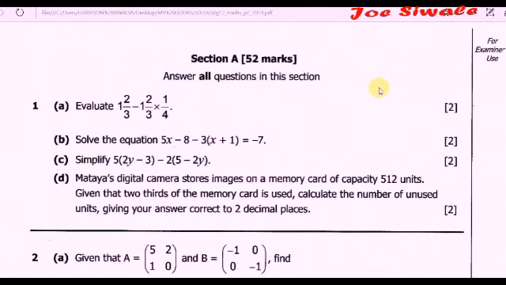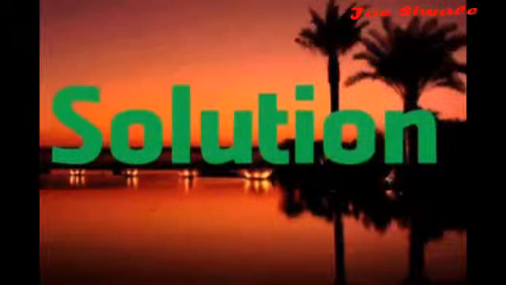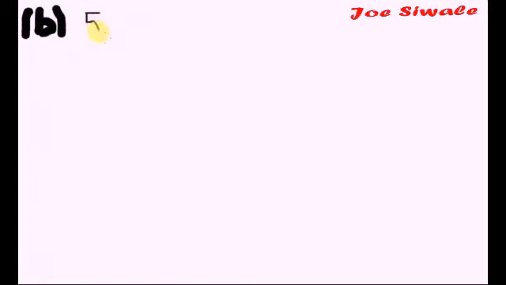Question 1b says solve the equation 5x minus 8 minus 3 open bracket x plus 1 close bracket is equal to negative 7.